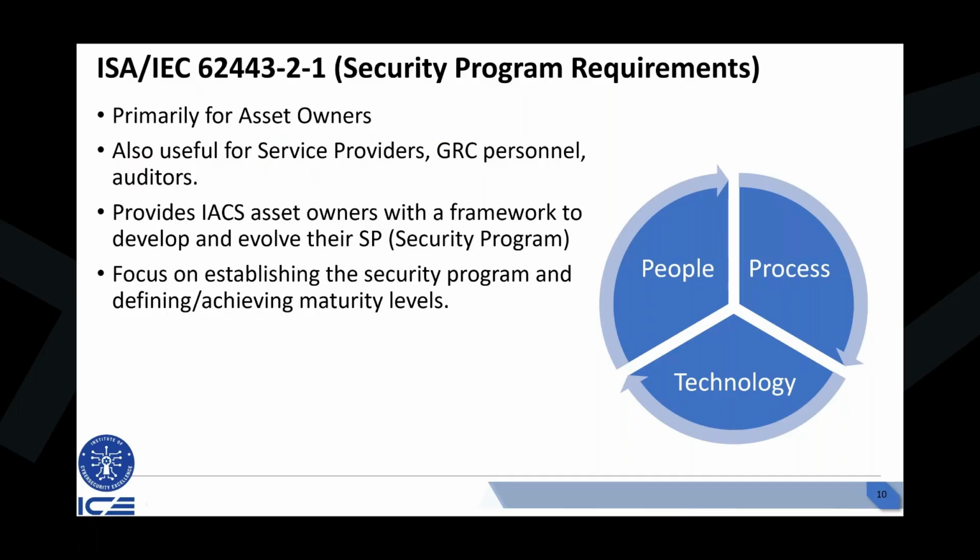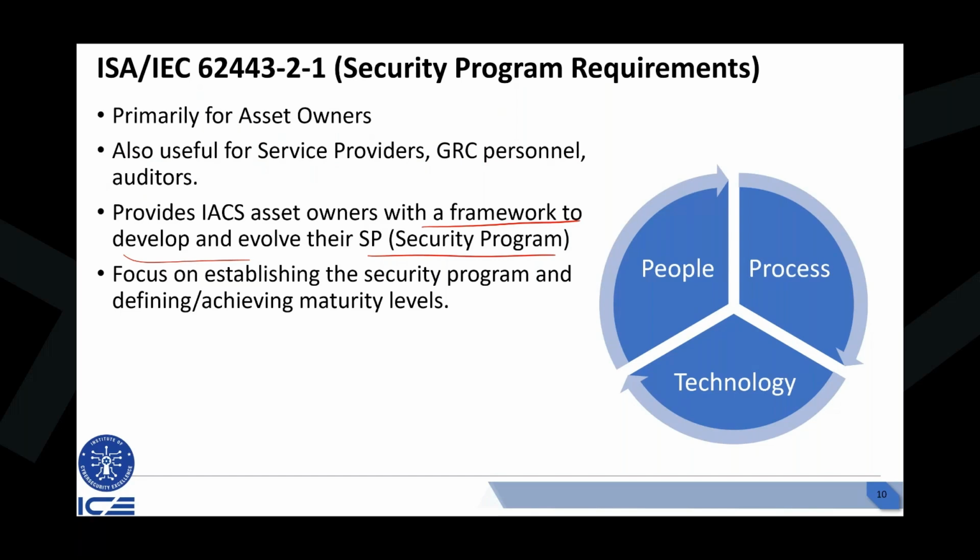So what does it do? 62443-2-1, what does it talk about? It provides the asset owners with the framework to develop and evolve their security program. Cybersecurity is not a one-time thing. It's not like, okay, let's give the contract to someone who can come in and implement security and leave. That's not how it works. Cybersecurity is something dynamic.